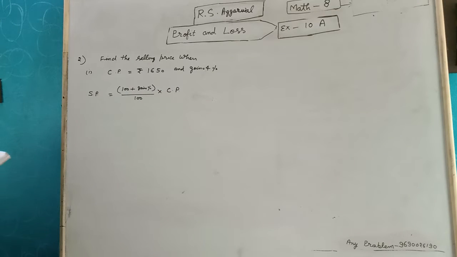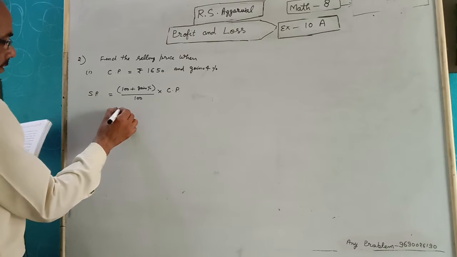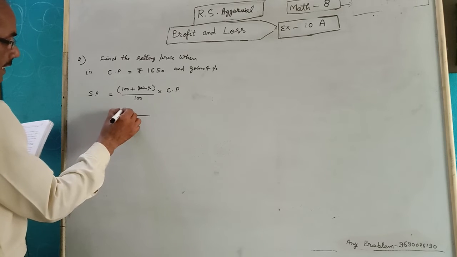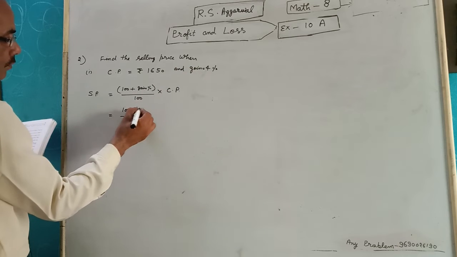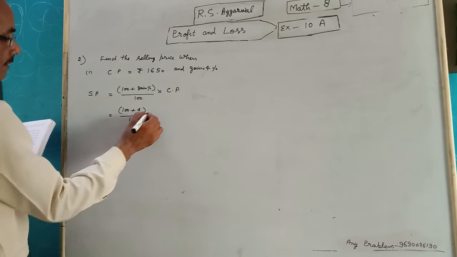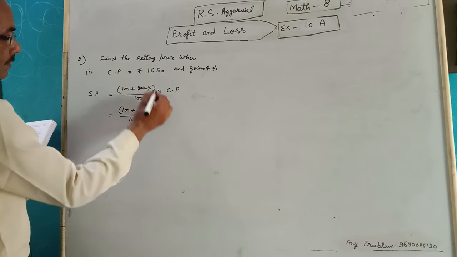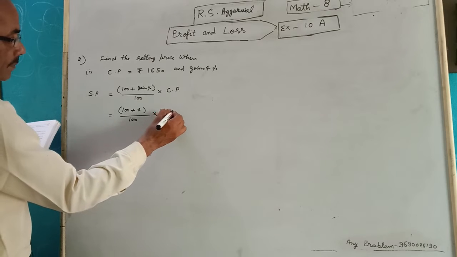That is, to find the SP is formula. (100 plus gain percent is equal to 4), close the bracket, upon 100 into CP, which is 1650.